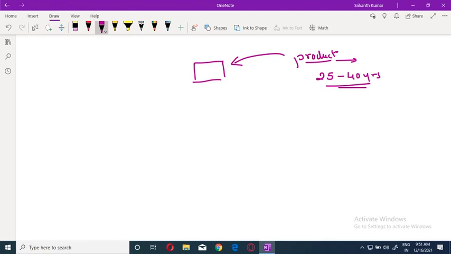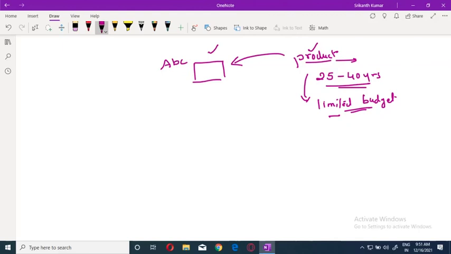But the client has a constraint over here. He has a limited budget. Now he wants to launch it, and he approached your company, say your company name is ABC.